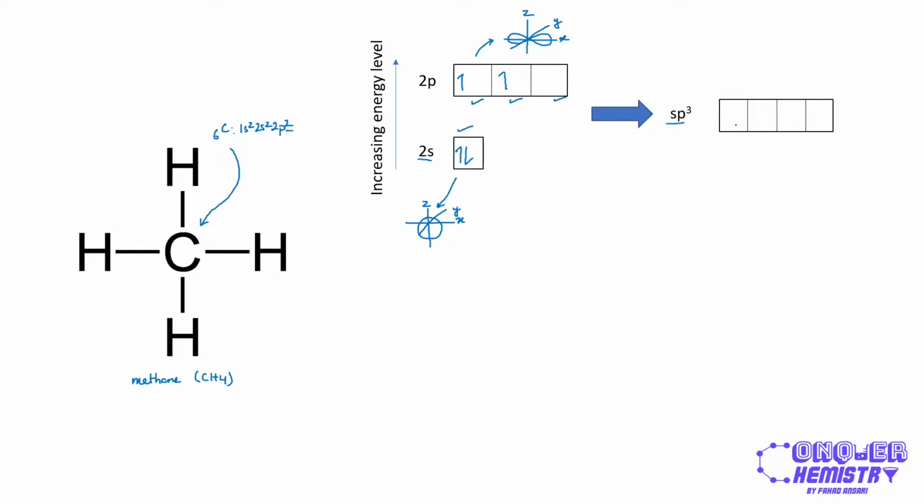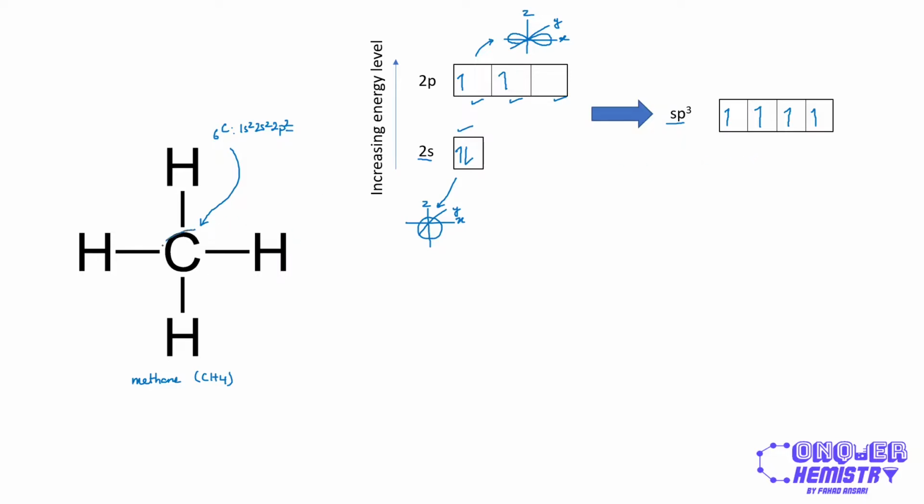And what happens basically is that in each of these 4 orbitals, you're going to have one electron occupying its own orbital, right? And so each of the orbitals of this new sp3 subshell is going to be used to form a single bond with a hydrogen atom.